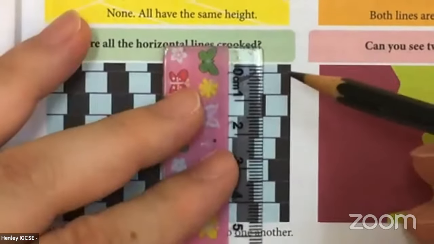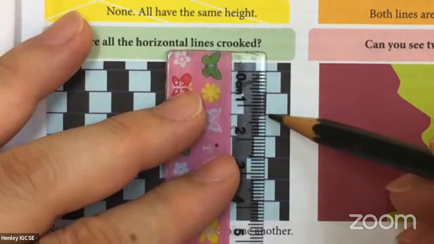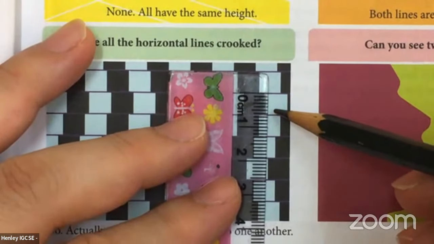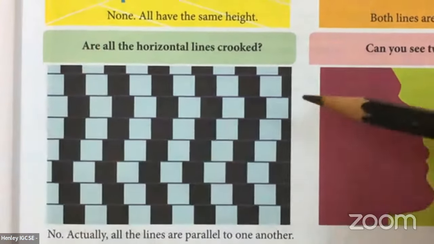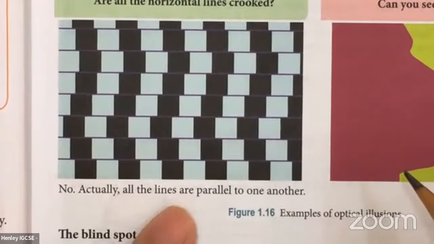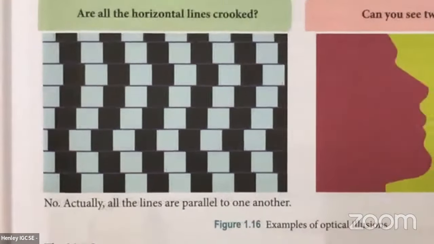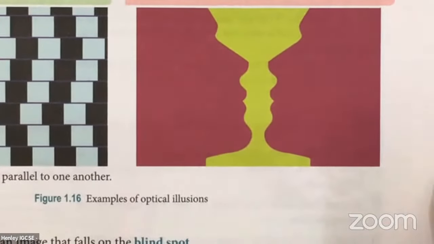Let's try to measure. This one is 6, and this one is 6. This one also 6. So actually, can you see? No, actually the lines are parallel to one another. The last one: what can you see from this picture?